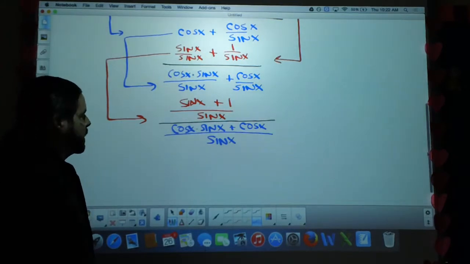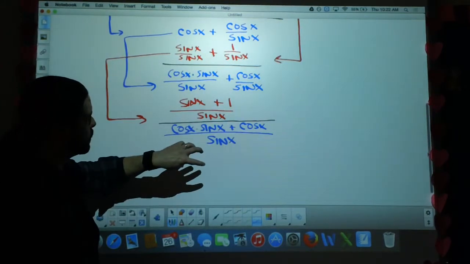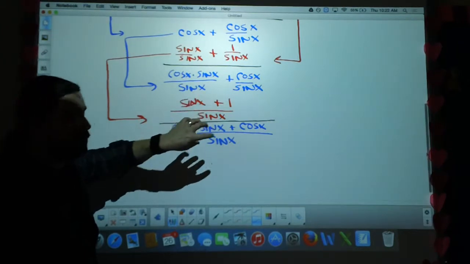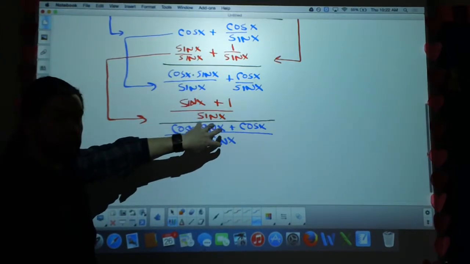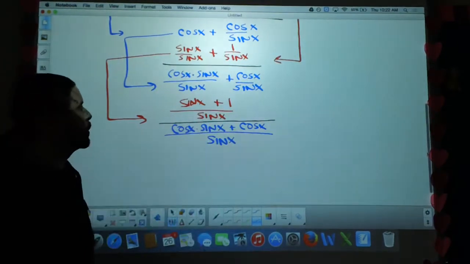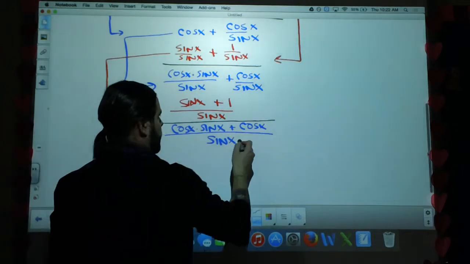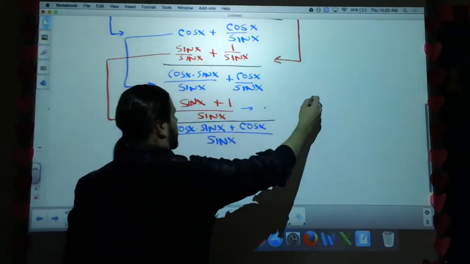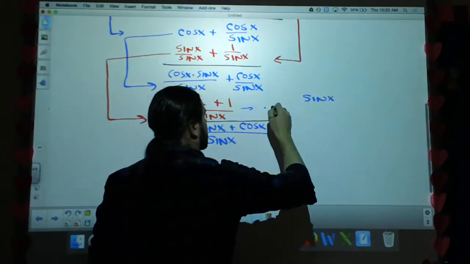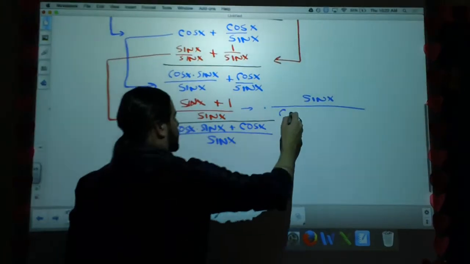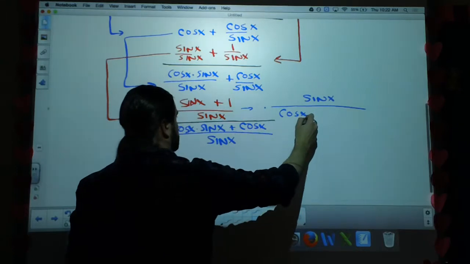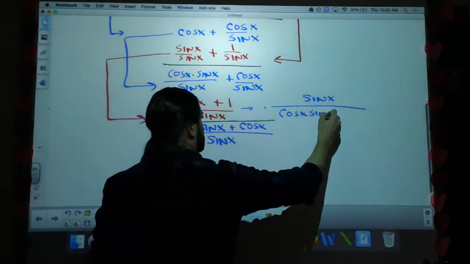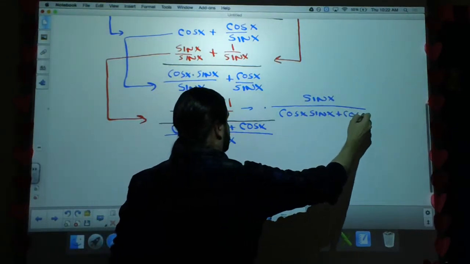So if I were to take a fraction and divide it by a fraction, I would have to take the bottom and flip it and multiply it. And so this I could think of as multiplying sine x over cosine x sine x plus cosine x.